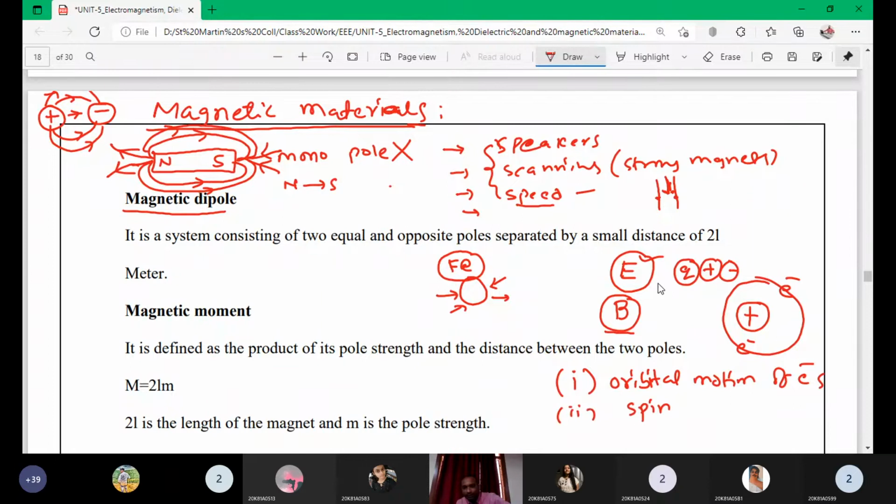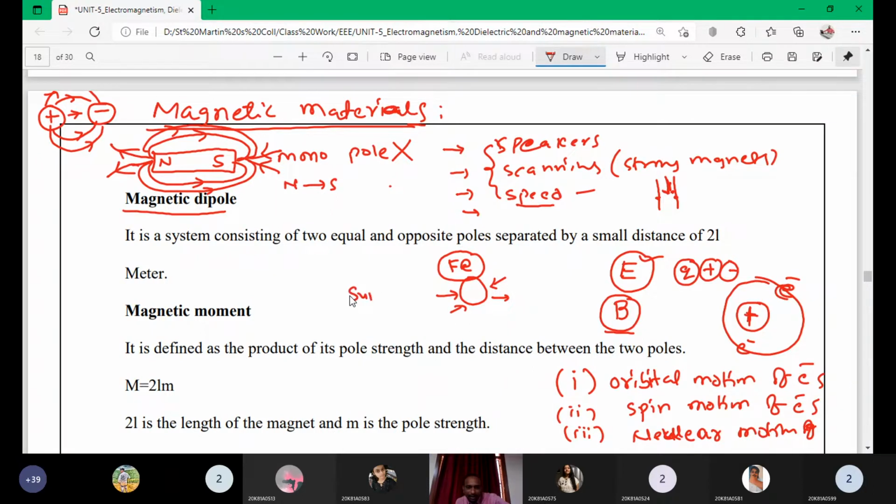Third, nuclear motion, the motion of the nucleus at the center. Generally electrons revolve around the nucleus, like our planetary system, the earth and all planets.